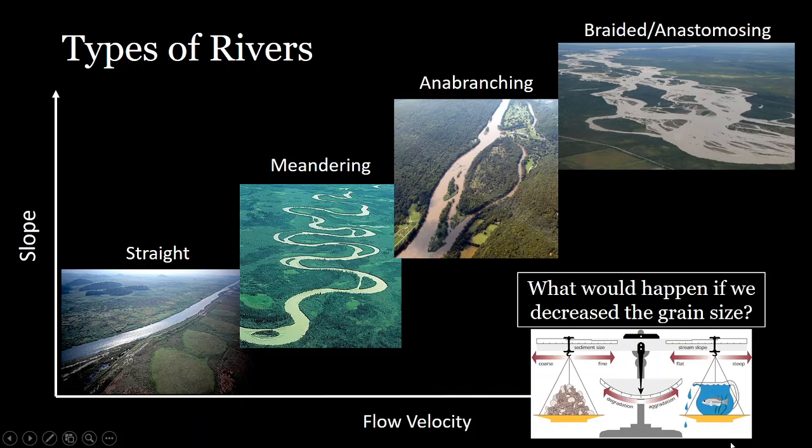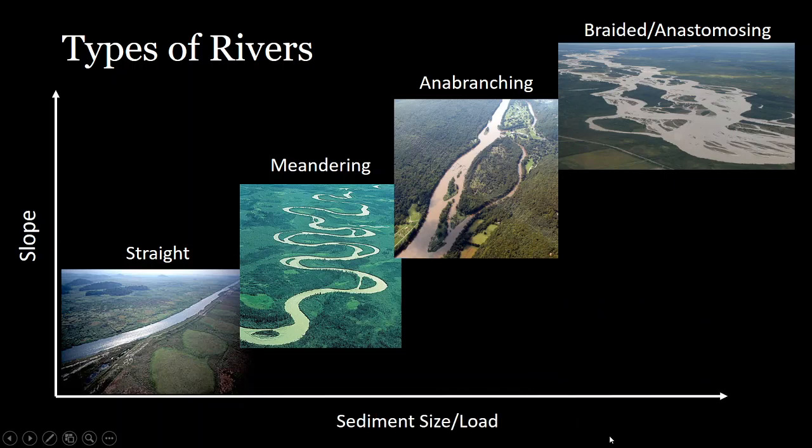And that relates back to that diagram that we talked about. And in the same manner, we can kind of plot this same graph based off of sediment size and sediment load instead of velocity, with anabranching and braided streams having some of the largest sediment loads.